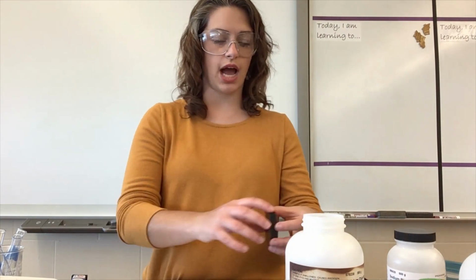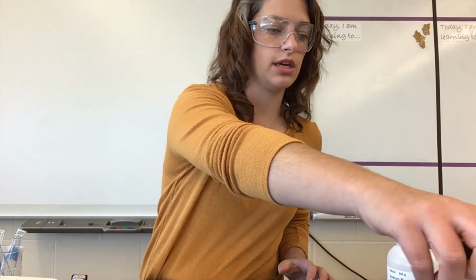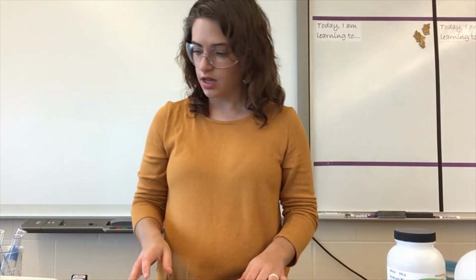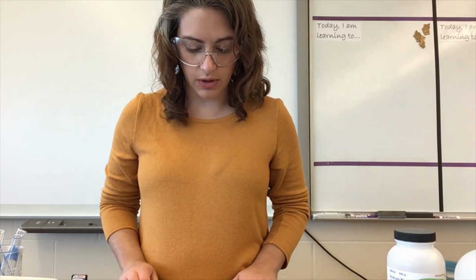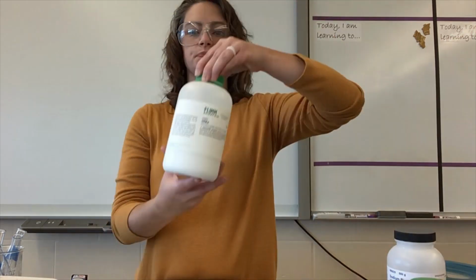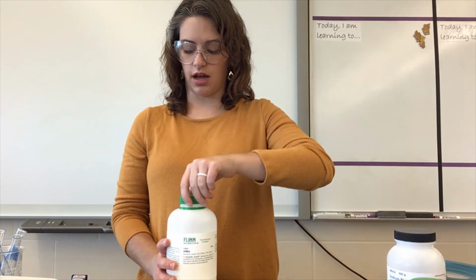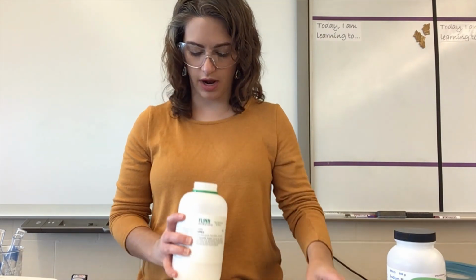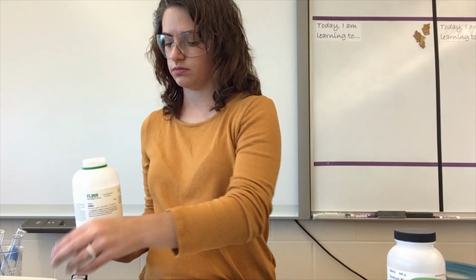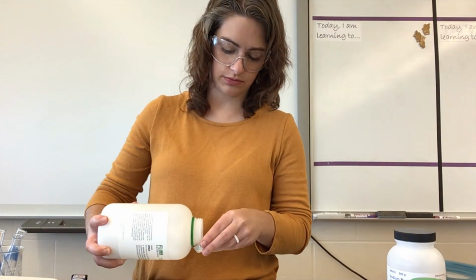There we go. Okay, on to our next sample. So we are done with the calcium chloride. Moving on, the next one that we are going to do is the urea. So that's the next one on our list. So here's my bottle of urea. I'm going to do the same thing. I'm going to put some in a weigh boat, an aluminum weigh dish, so that you can take a look at it.